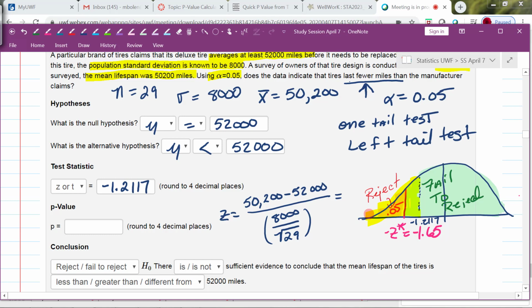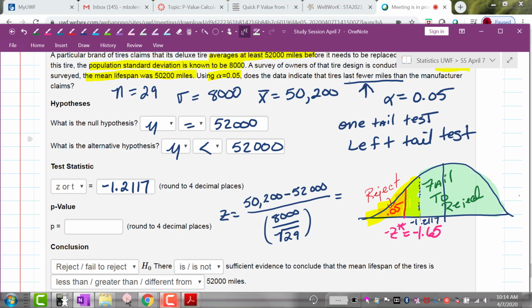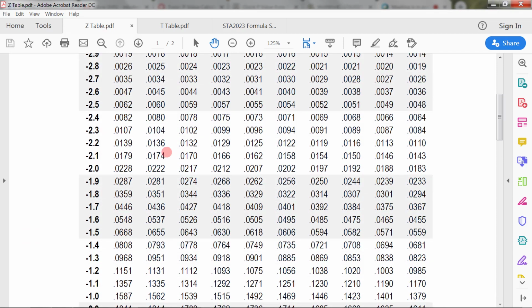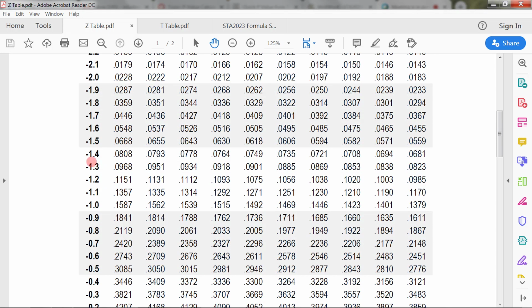So now we're going to look up negative 1.21.